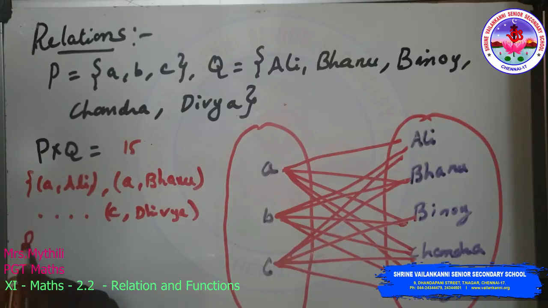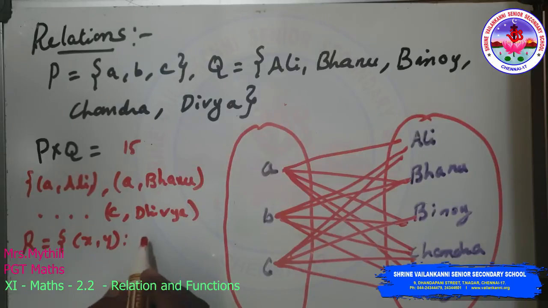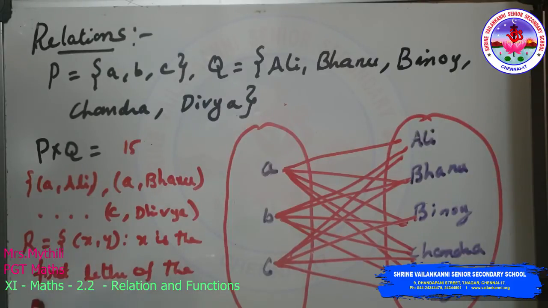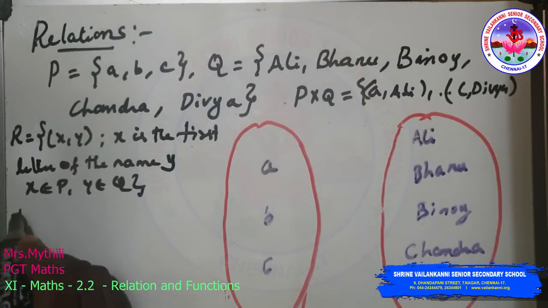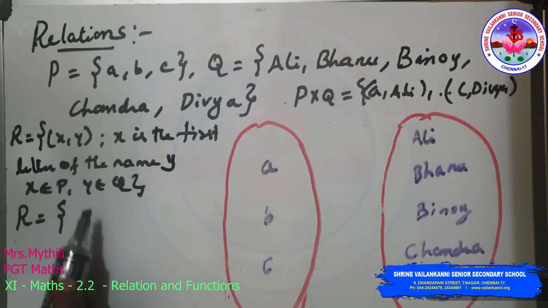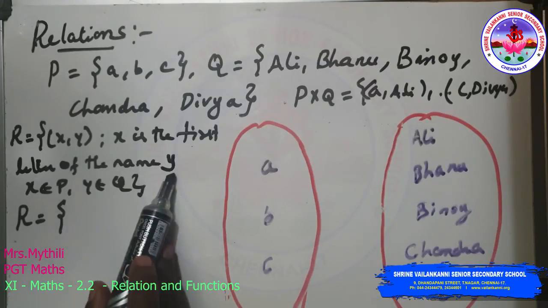So we write the relation as an ordered pair (X, Y) such that X is the first letter of the name Y, in which X belongs to P and Y belongs to Q. So relation R is: X is the first letter of the name Y.